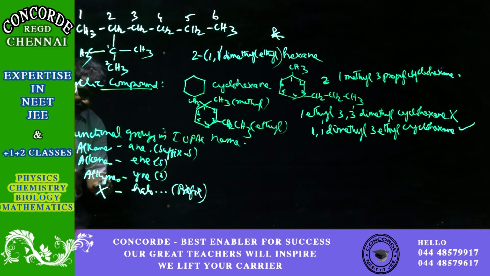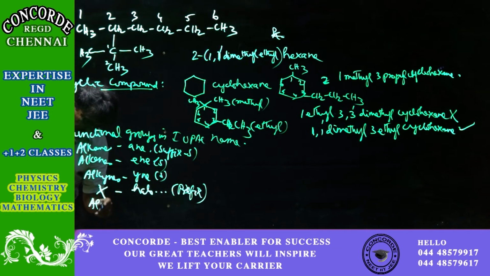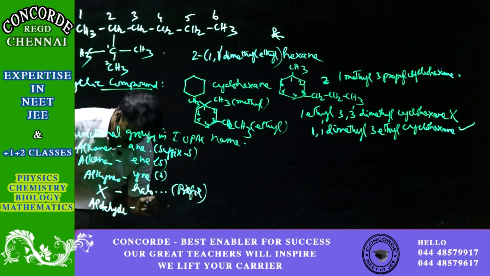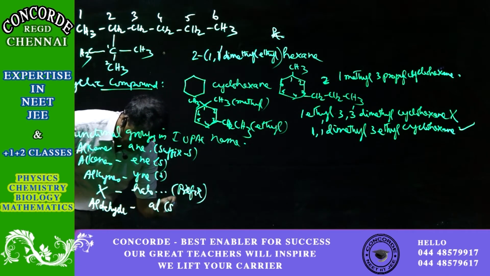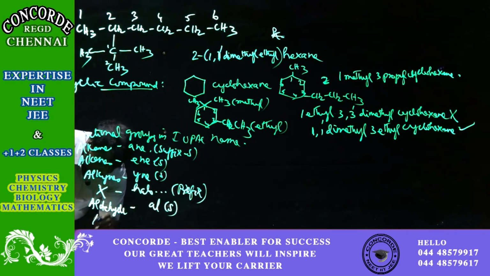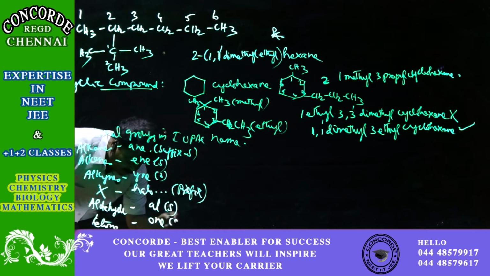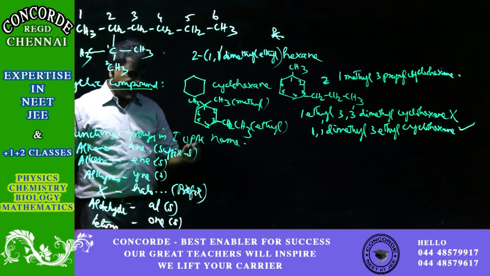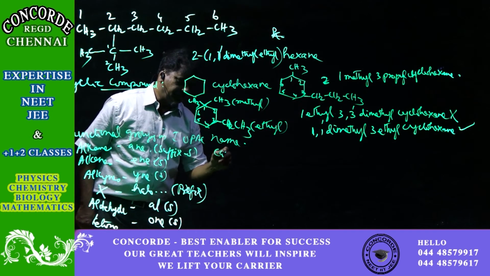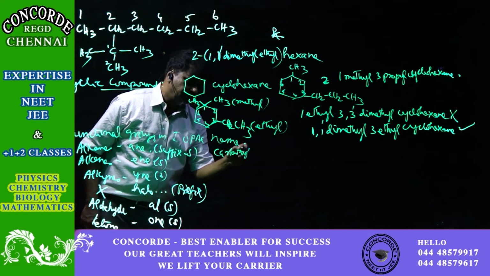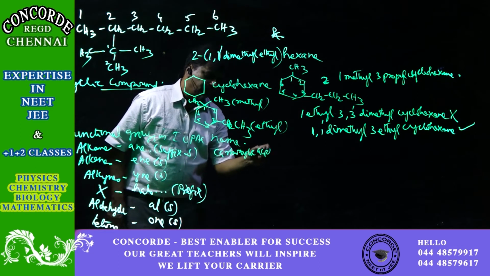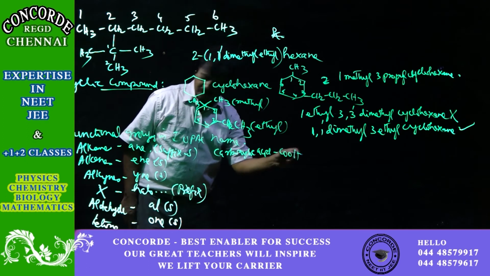In case it is an aldehyde, it will end as al, a suffix. If it is a ketone, it will end as one, a suffix. In case it is a carboxylic acid, that is the COOH group.